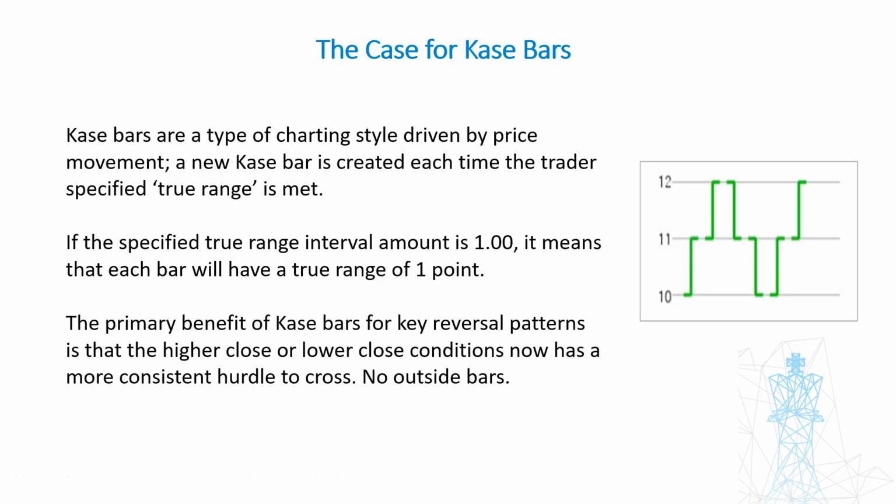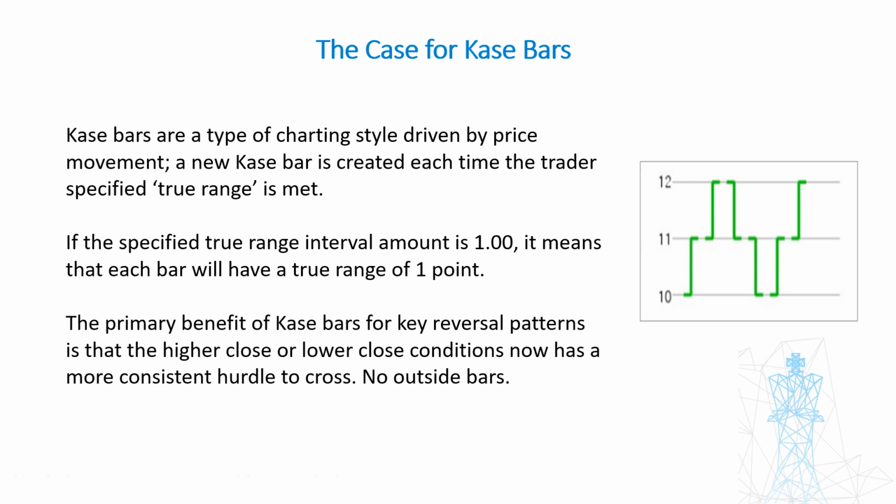We're going to apply that concept to a case bar. A case bar, as I said earlier, is a type of charting style that's driven by price movement. And we set a true range value that we want for our case bar.